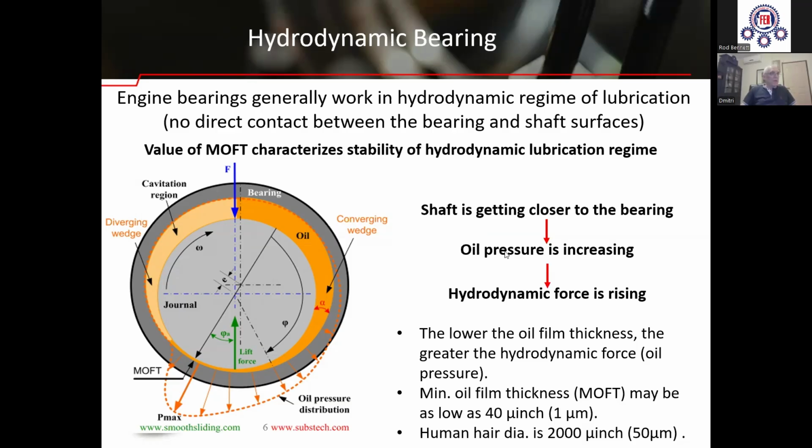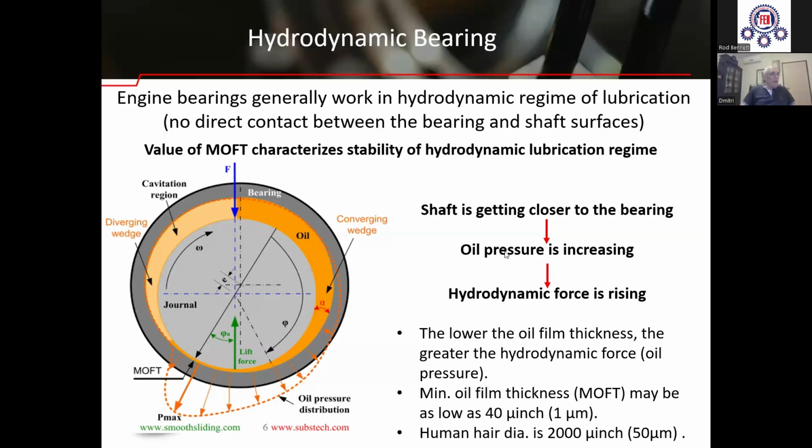In this image, you can see a hydrodynamic bearing and the shaft rotating in a clockwise direction. Oil separating the bearing and shaft is depicted in orange color. You see that the bearing and the shaft surfaces are separated with the oil. Hydrodynamic bearing is a bearing operating with hydrodynamic lubrication.